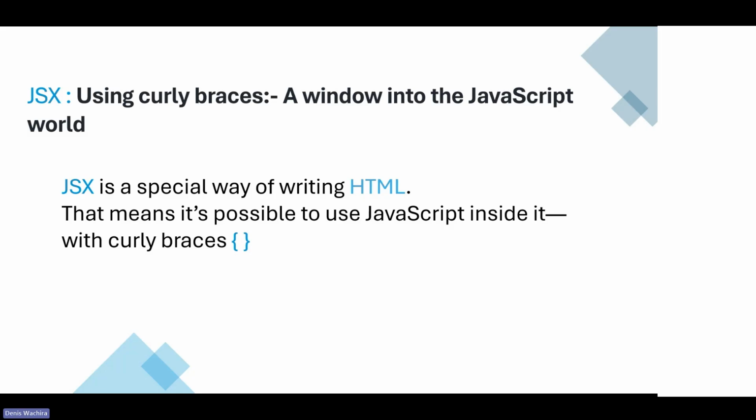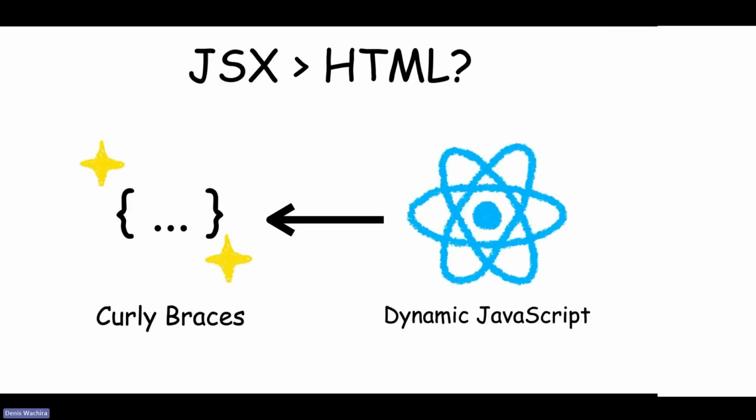So it's possible to use JS inside it with the help of these curly braces. The curly braces are what differentiate React from the dynamic JavaScript that we have. The curly braces are where you write your React code, but in HTML and JavaScript, that is where you get that dynamic code.